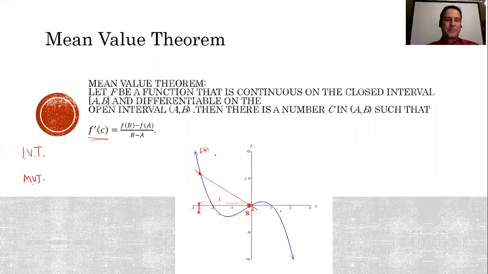So maybe my C is right about here, and I can't draw a line as straight as the one I just did and have it be the same slope. But the idea is that my C is between my A and my B. And if I drew the point straight down, this particular C will give me a tangent line that is equal to the slope made by my endpoints. That's the mean value theorem, that you have a matching derivative from your endpoints based off some C in between.